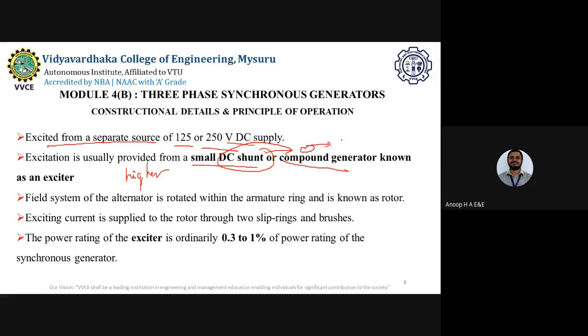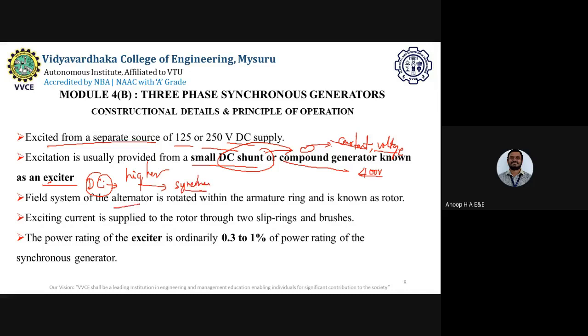More or less I want the field excitation to have a constant voltage, of 125 or 250 volts, or somewhere around 400 volts. That is called the exciter, the DC supply or DC winding which is to be energized in a synchronous machine.